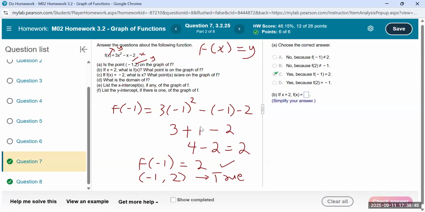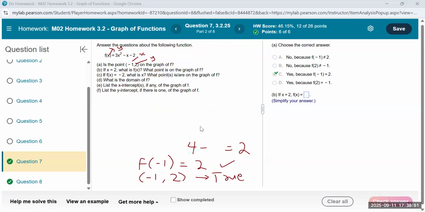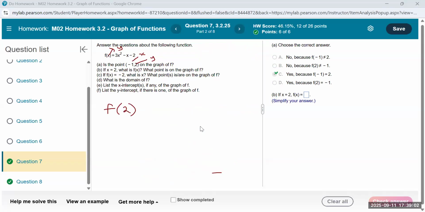Now for the second one, and I'm going to erase this part. If x is equal to 2, what is f of x? So if x is 2, what is f of x? So in place of x, you're going to plug in 2.